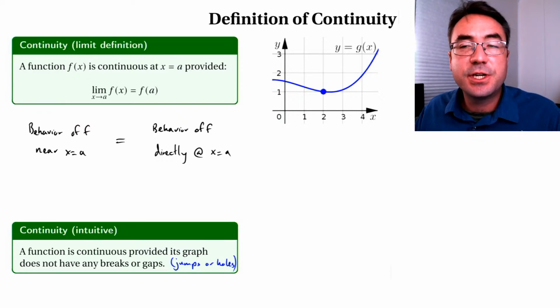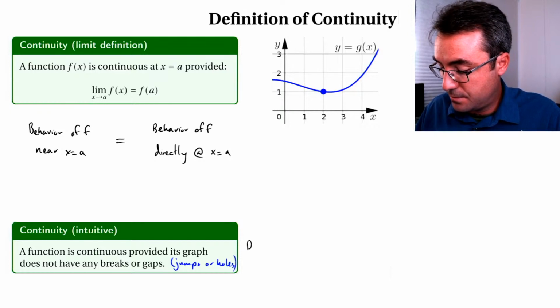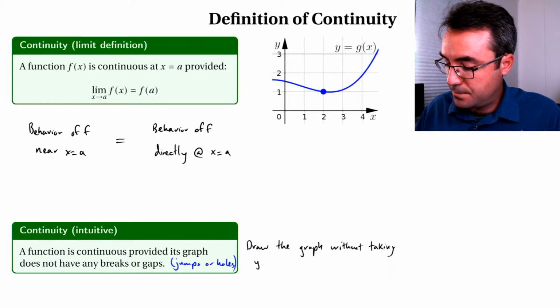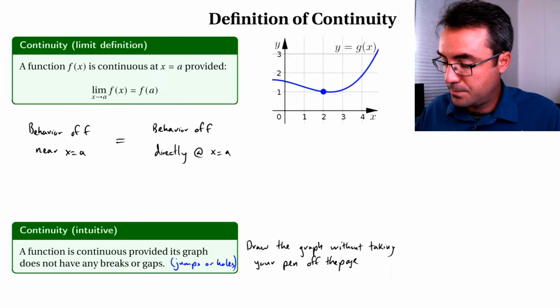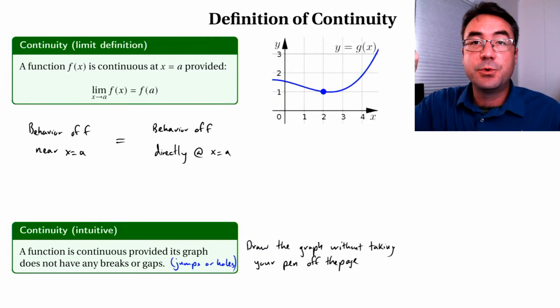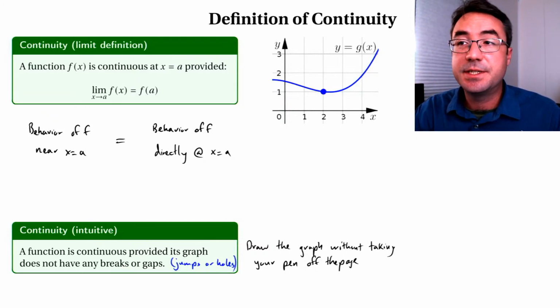So a continuous function, basically you can draw it without taking your pen off the page. So if we were to draw the graph of a function, if we could just do it in one nice, smooth, one continuous motion without ever taking our pen off the page, then it's continuous.